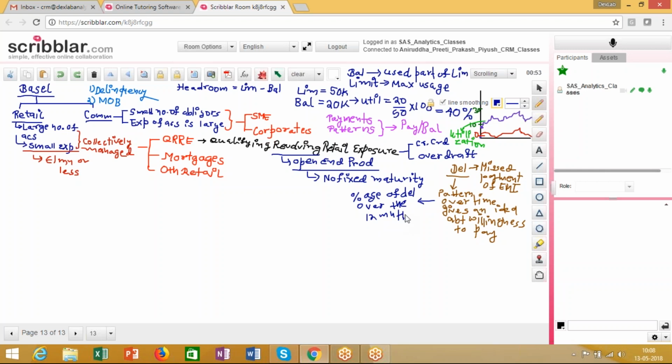Right. So here, what we are trying to identify is the exact percentage of delinquency over the last 12 months. The greater the number of times an account has been delinquent in the last 12 months, the more risky the borrower is.